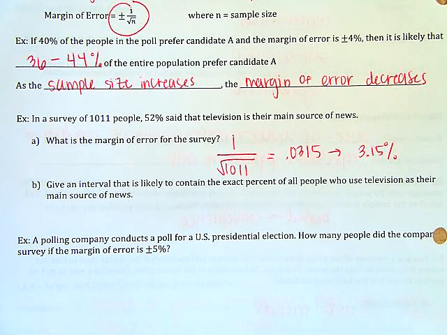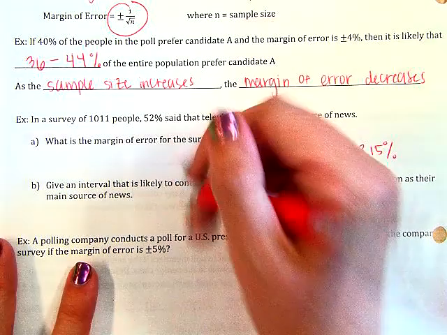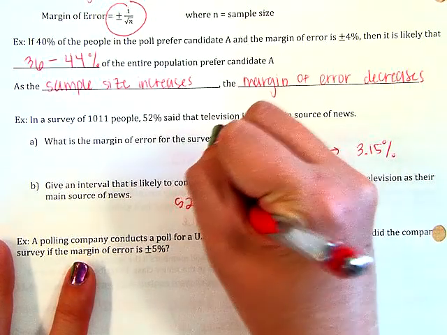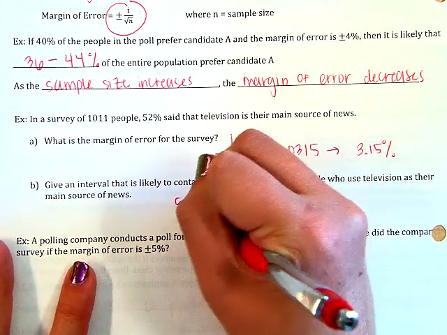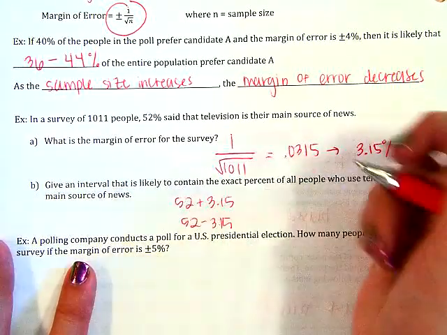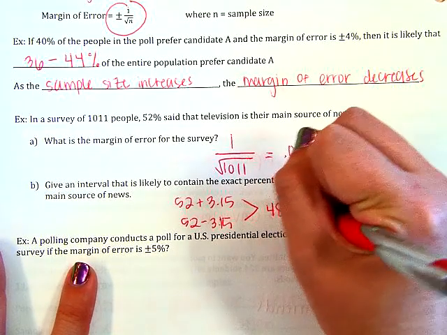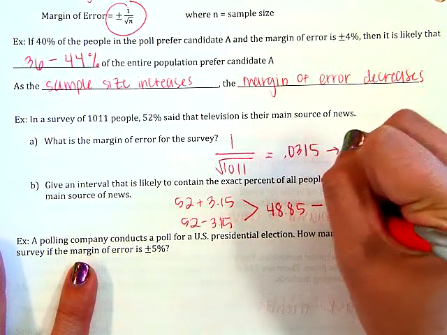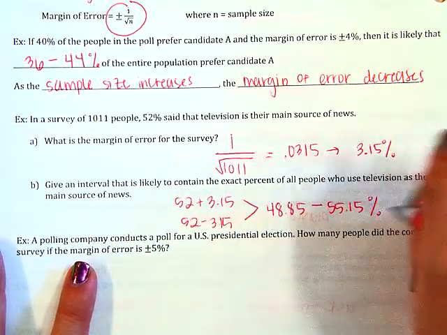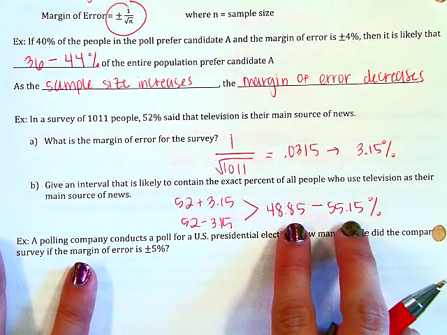Given that interval, I'm going to do 52 plus 3.15 and 52 minus 3.15. That gives me 48.85 to 55.15%. So that's my interval that I'm probably right.